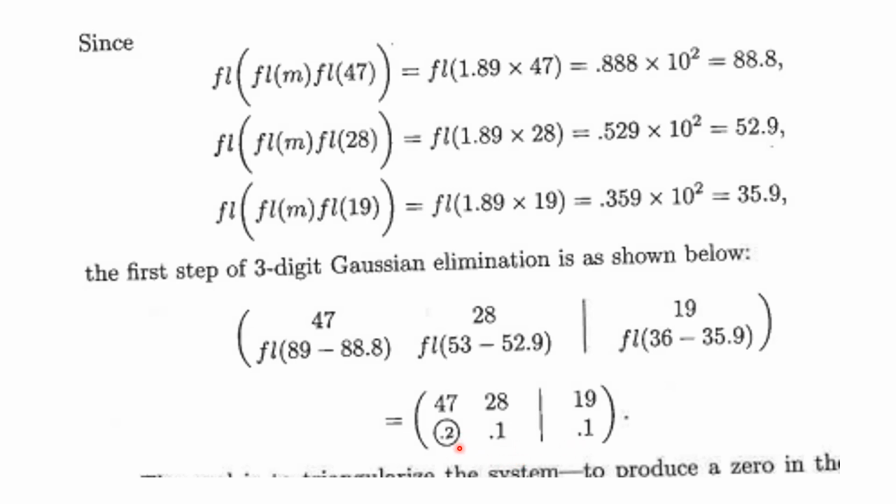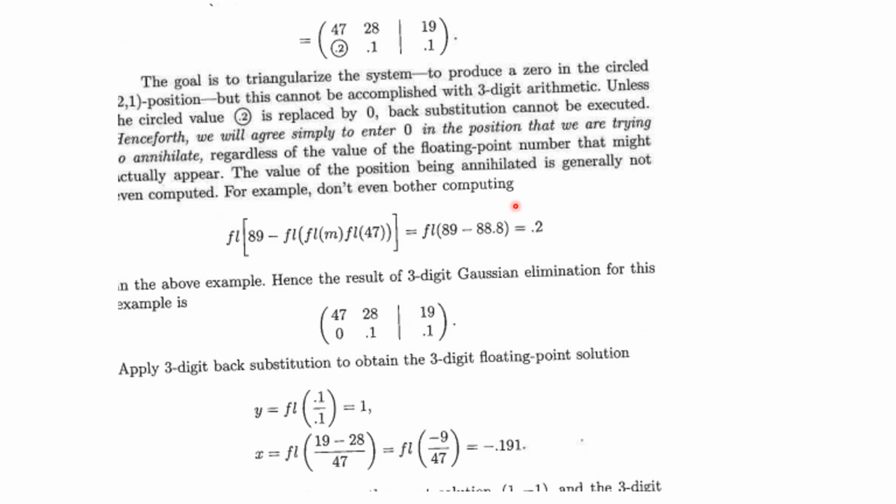But that means that we don't have a 0 here, so we can't do back substitution. Since the goal was to triangularize the system to produce a 0 in that position, this can't be accomplished with three-digit arithmetic unless we make the circled value, this 0.2, 0, and then back substitution can happen.